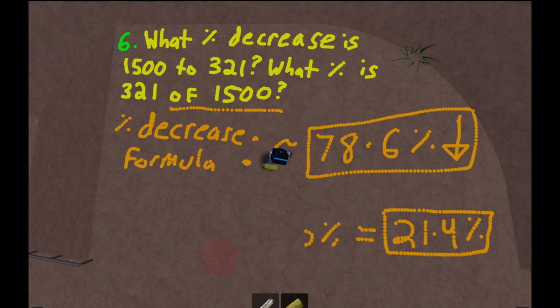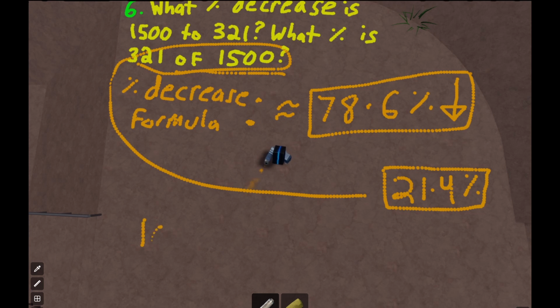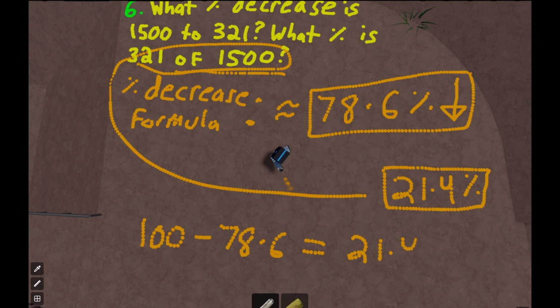So now, what do you notice about these numbers? I want you to notice that 100 minus this 78.6% decrease gets you 21.4%. So in other words, here's the relationship for percent decrease and the percent that's left.